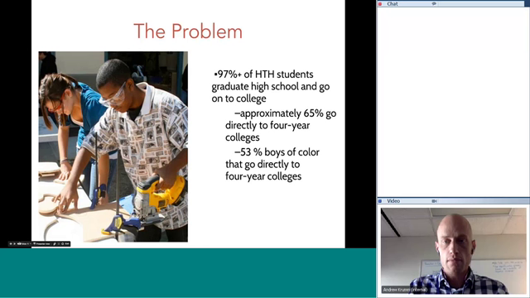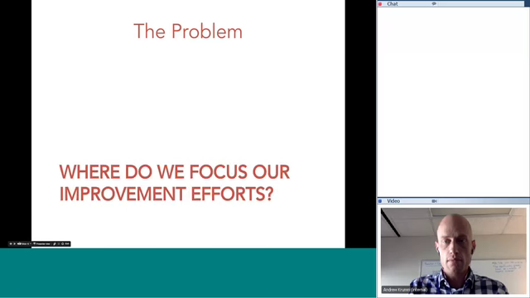This ends up being a problem for them, a number that's too low, particularly the disparity between boys of color and their white students going on to 4-year colleges, for a whole host of reasons that have to do with what we know about students that go through the community college or 2-year college versus the 4-year college rate.